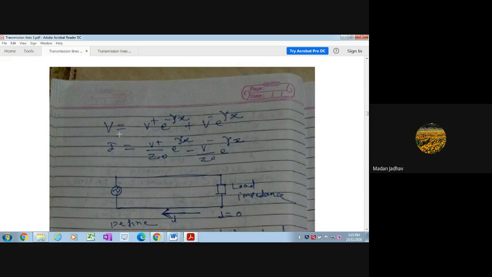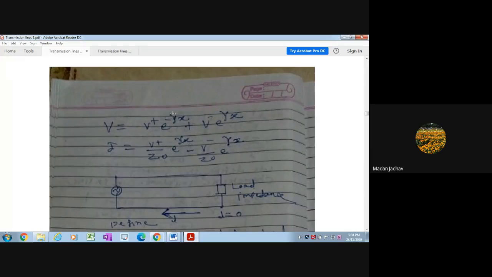Now this is the equation for the voltage: V is equal to V plus e to the power of minus gamma x plus V minus e to the power of plus gamma x. This is the equation for the voltage which exists along the transmission line. Here V plus is the maximum amplitude, and e to the power of minus gamma x is the phase.